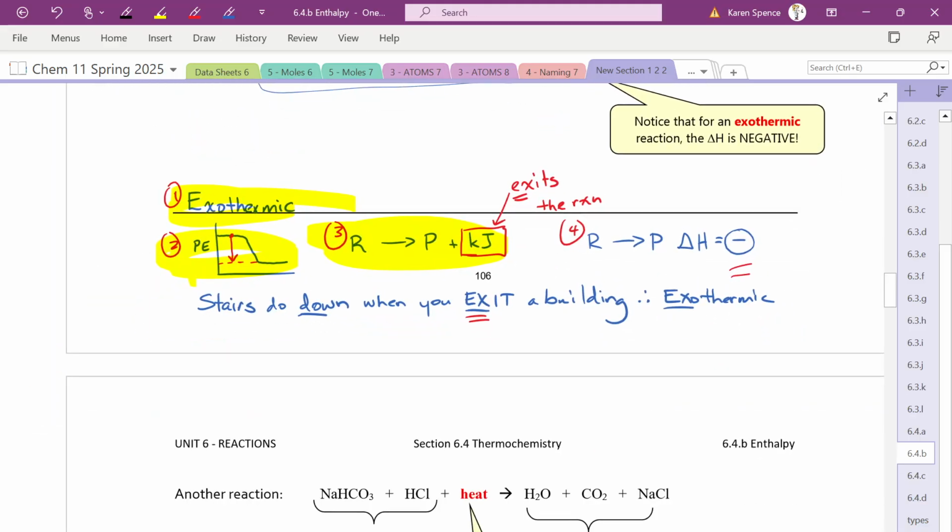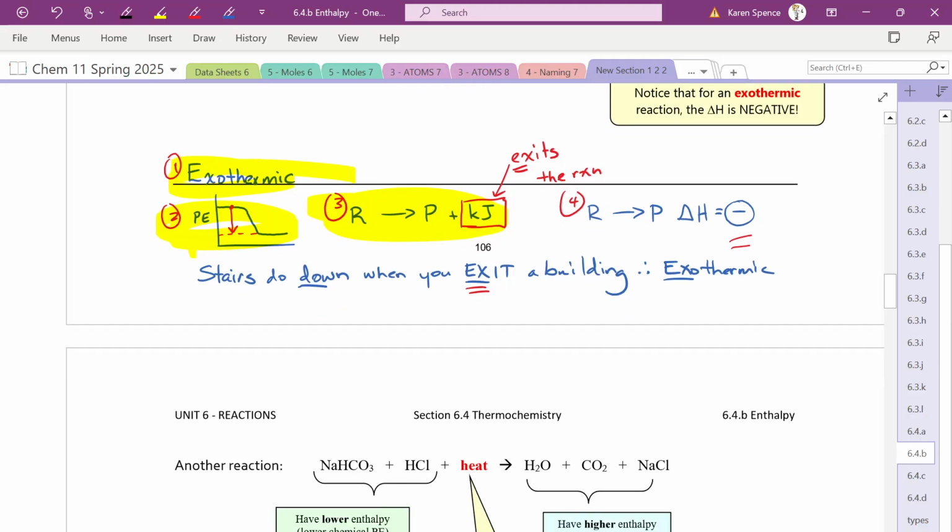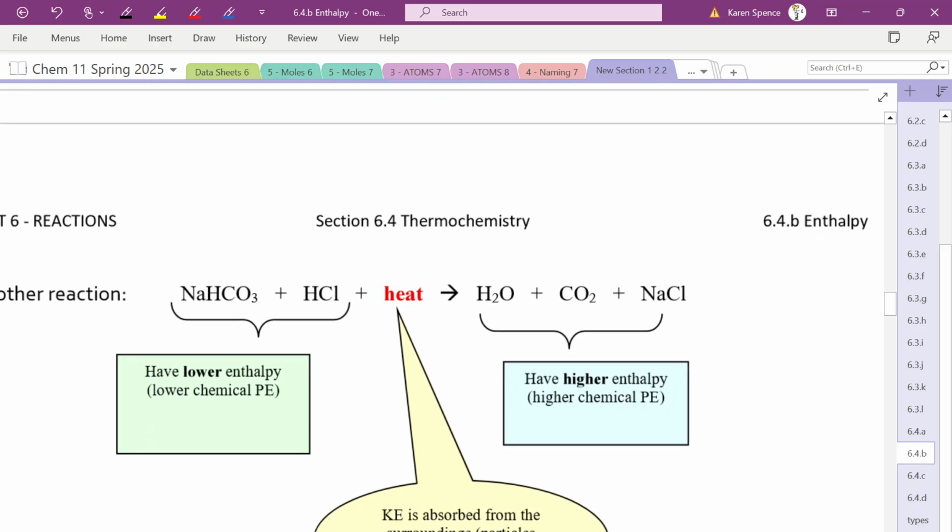And now, guess what we're going to do? We just did exothermic. Now we are going to do endothermic. Because look at this, our heat is entering the reaction. Because where is the reaction taking place? The reaction takes place in the arrow. The arrow shows the reaction taking place.